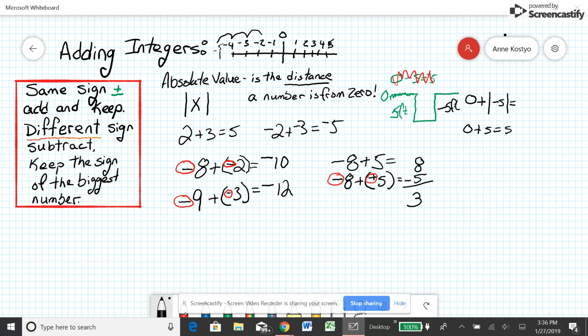I must keep the sign of the biggest number. So I have to look back here. Which is bigger, 8 or 5? Well, I know that 8 is bigger than 5, so my answer will take on the negative sign of the 8.